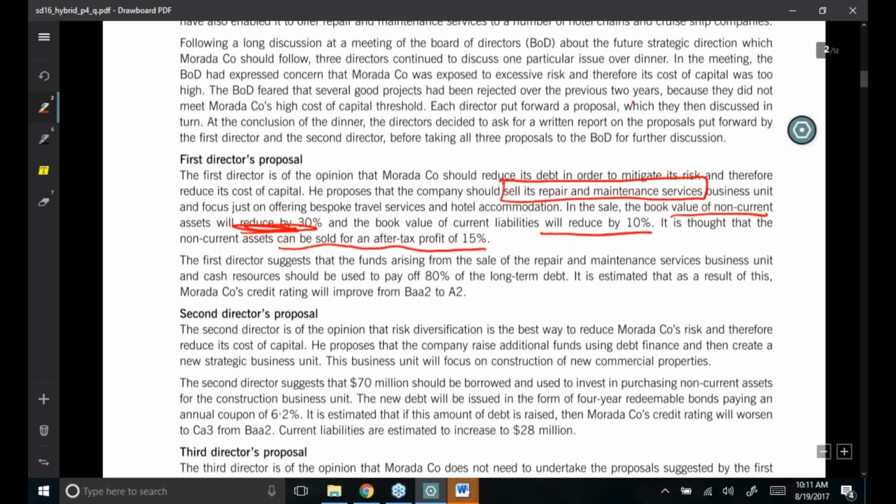The first director suggests that funds arising from the sale of the repair and maintenance services unit and cash resources should be used to pay off 80% of the loan. It is estimated that as a result of this, the company's credit rating will improve from Baa2 to A2. This is the first director's proposal.